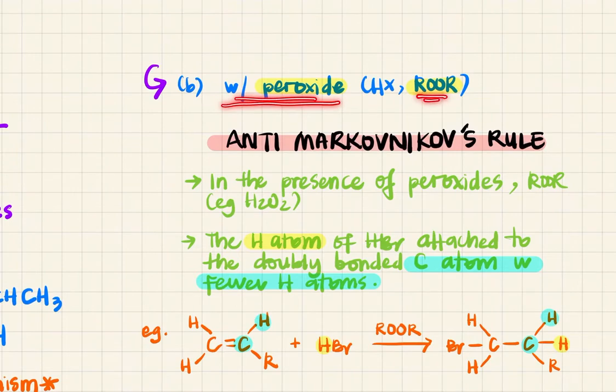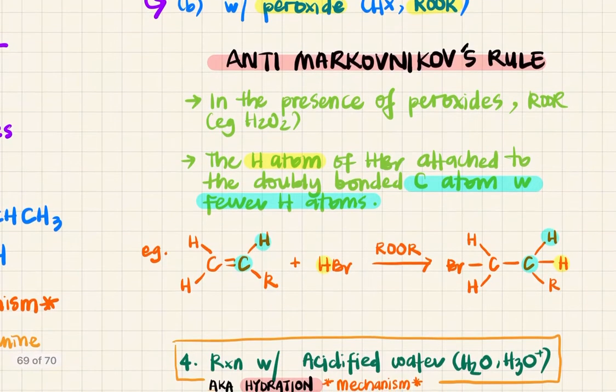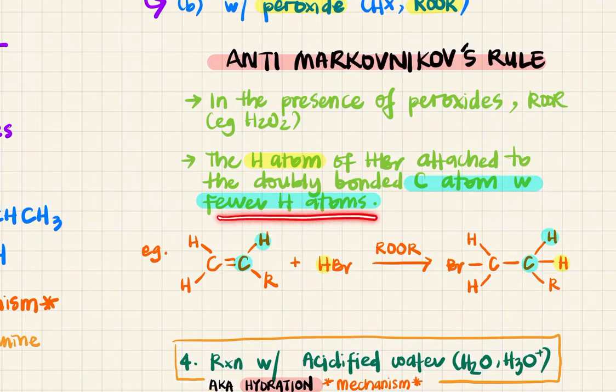So your peroxide is here yang ada 2 O ni, okay. So in the presence of peroxides, H2O2 contohnya, the hydrogen atom of your HBr will attach to the carbon atom with fewer hydrogen atoms.